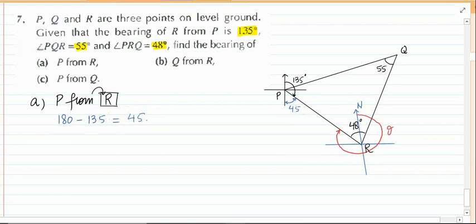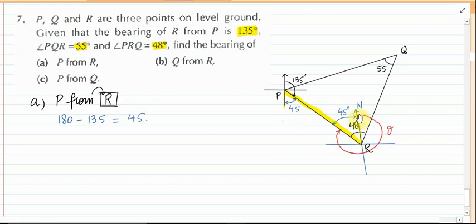After that 45 angle, what you guys need to do, you need to highlight the Z. Now if I am going to highlight the Z, so this line here is my Z, right? That means if this angle is 45, so this angle is also 45, and now we can easily find the bearing. How?